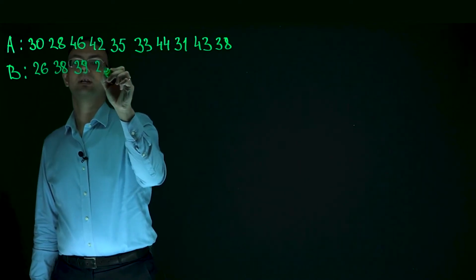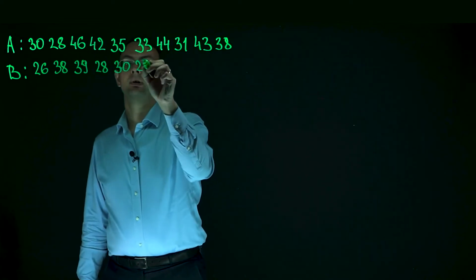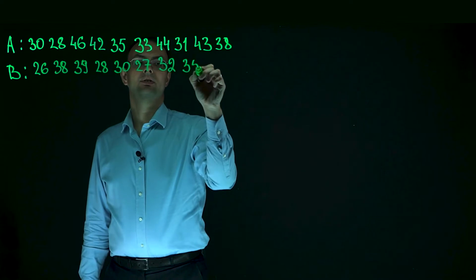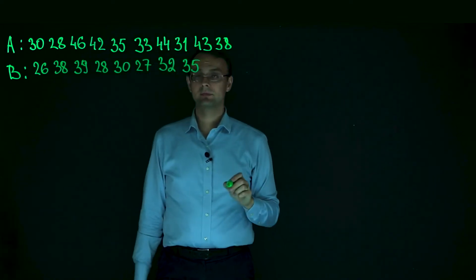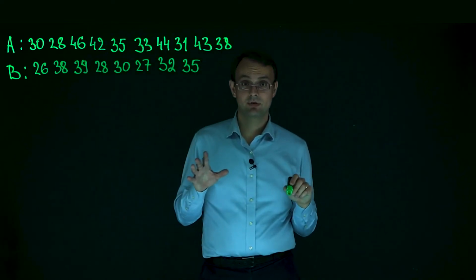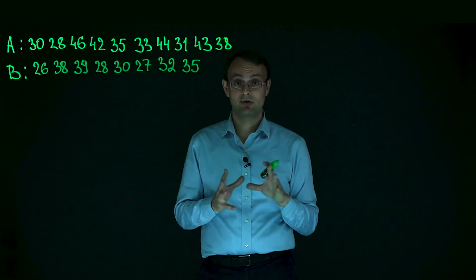And for the variant B, they were 26, 38, 39, 28, 30, 27, 32, and 35. So these are the times, how long they looked for the flight of interest on this page.